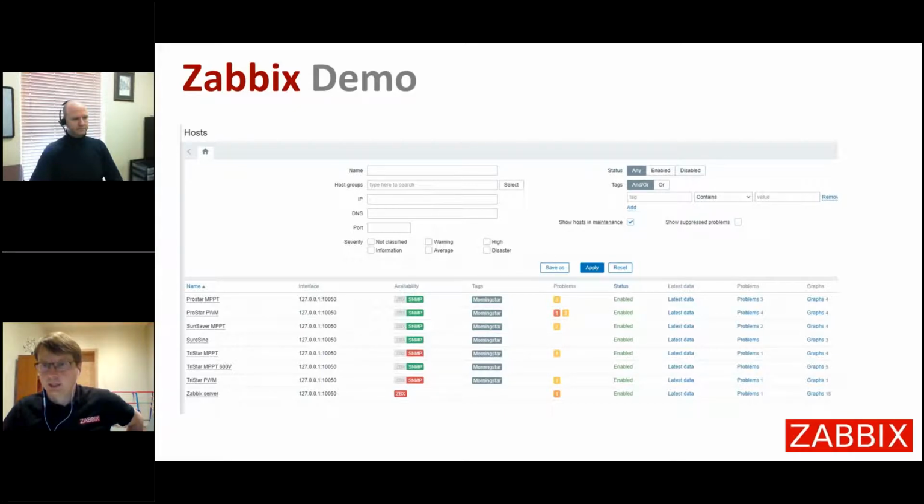And next to each device we will have a graph, right? Graphs are part of the template. They're pre-built. You don't really need to configure simple graphs. They just come together with your data.